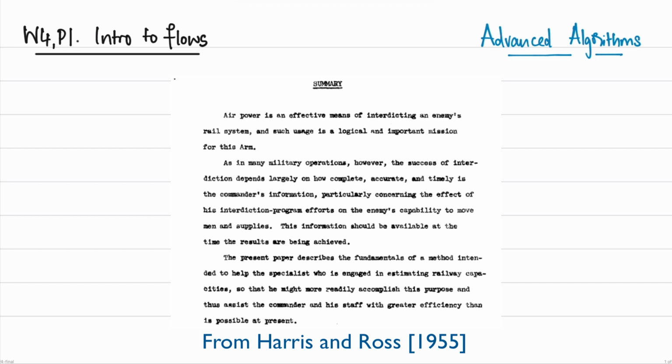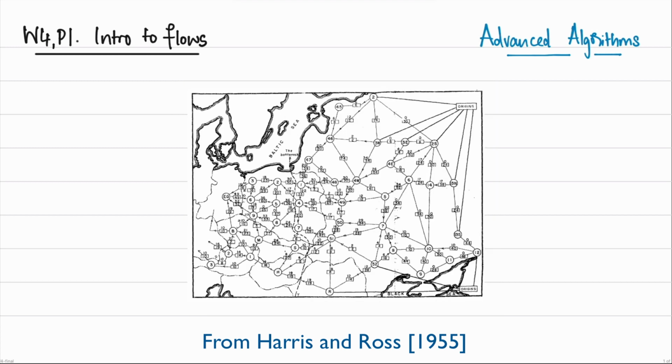And they wanted to do this by damaging their rail network, and presumably they were optimizing for causing the minimum amount of damage in terms of, well, also minimizing the costs involved in causing said damage. And the way they modeled it was as a graph. So they had 44 vertices representing the regions, and they had over 100 edges representing the connections between the regions via the rail network.